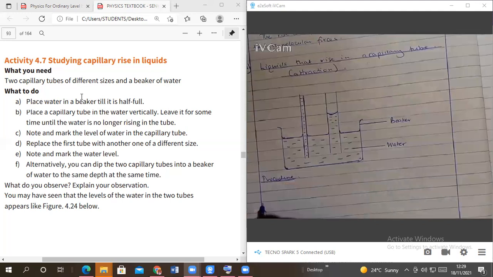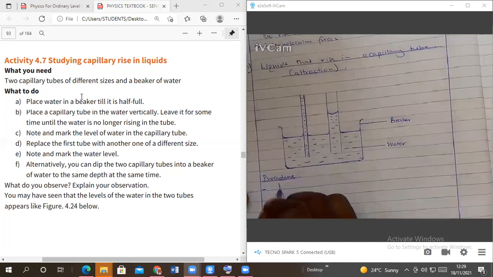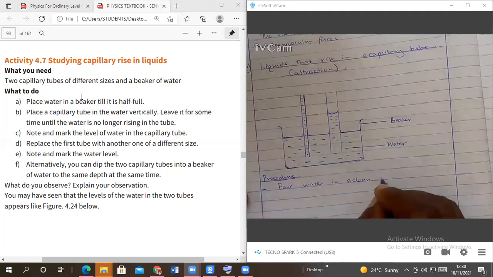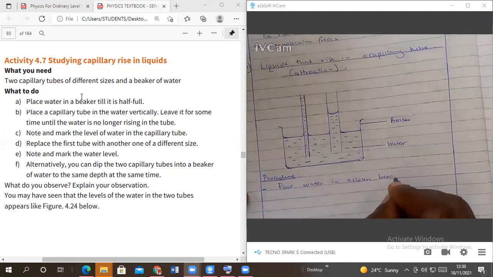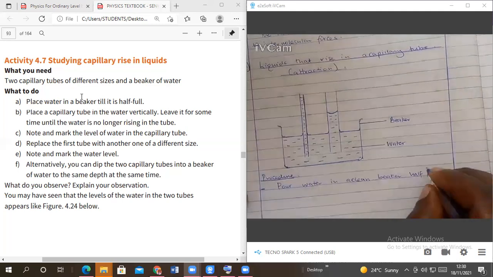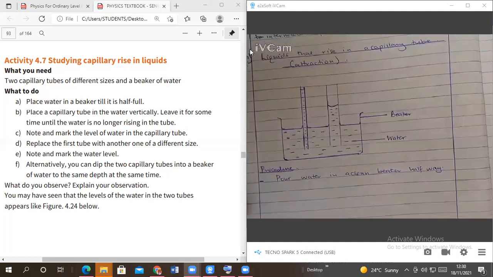Number one, pour water in a clean beaker halfway, full stop. So you pour water in a beaker halfway.